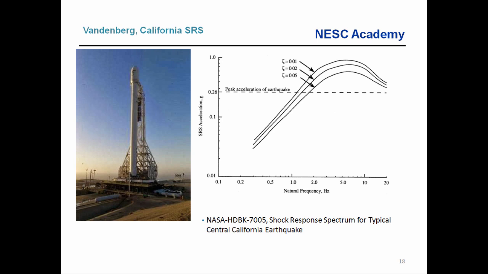But probably what we would want to do is go back and synthesize a time history to satisfy these SRS curves and do a modal transient analysis. In an upcoming webinar unit, we're going to be doing that, synthesizing time histories to satisfy SRS specifications.